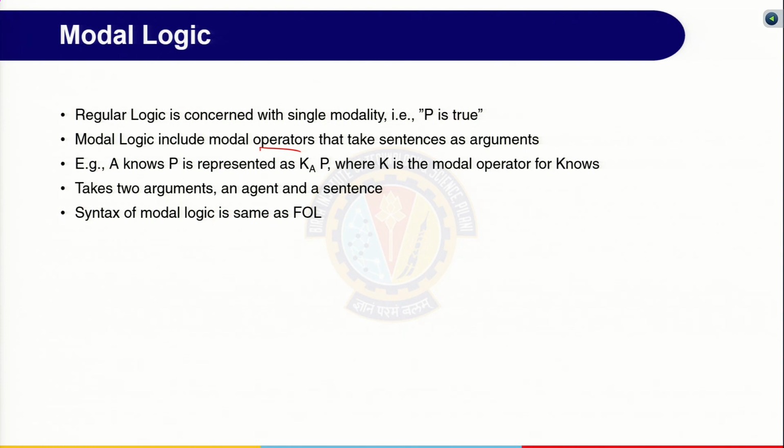For example, an agent A who knows P, like in Superman can fly, can be represented in our modal logic as follows: K, A, P. A is an agent, P is a proposition, and K is our modal operator for the attitude knows. It takes two arguments, the agent and the sentence. The syntax is pretty similar to first order logic, but the semantics are pretty different from the logic.